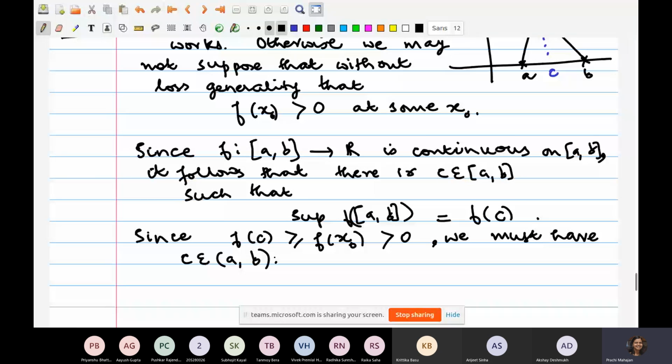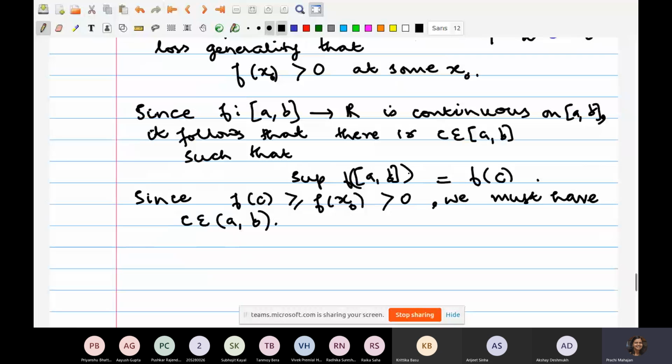Yeah. And now, the maximum of f is realized at the point C. Once we have shown that C is in open interval AB, I say that we are done.